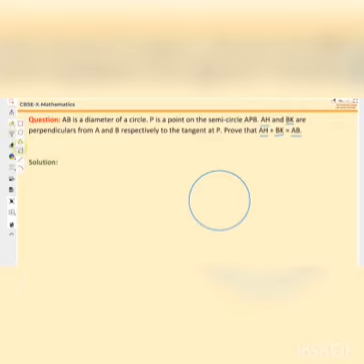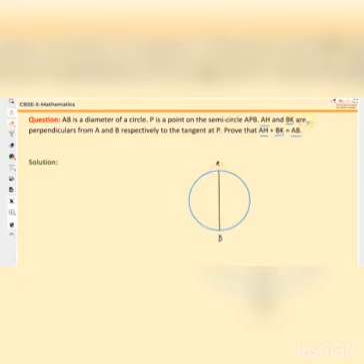So let us take a diameter, and let us say this is AB, with this point A and this point B. Now what they are saying is P is a point on the semicircle APB.